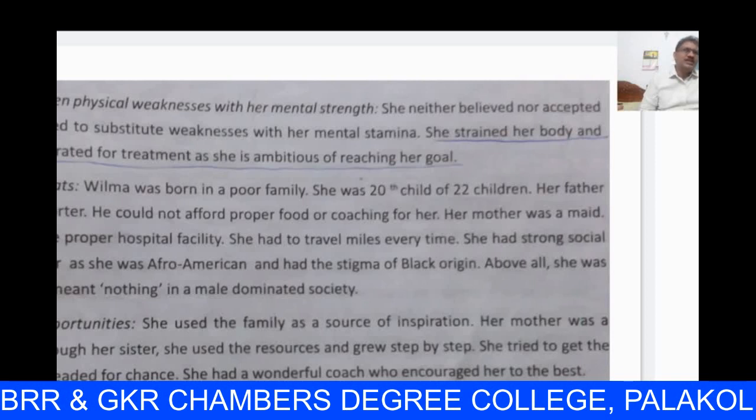In those days, they had more children. It's a good wealth for them. Her number is 20th. Wilma was the 20th child for her parents.